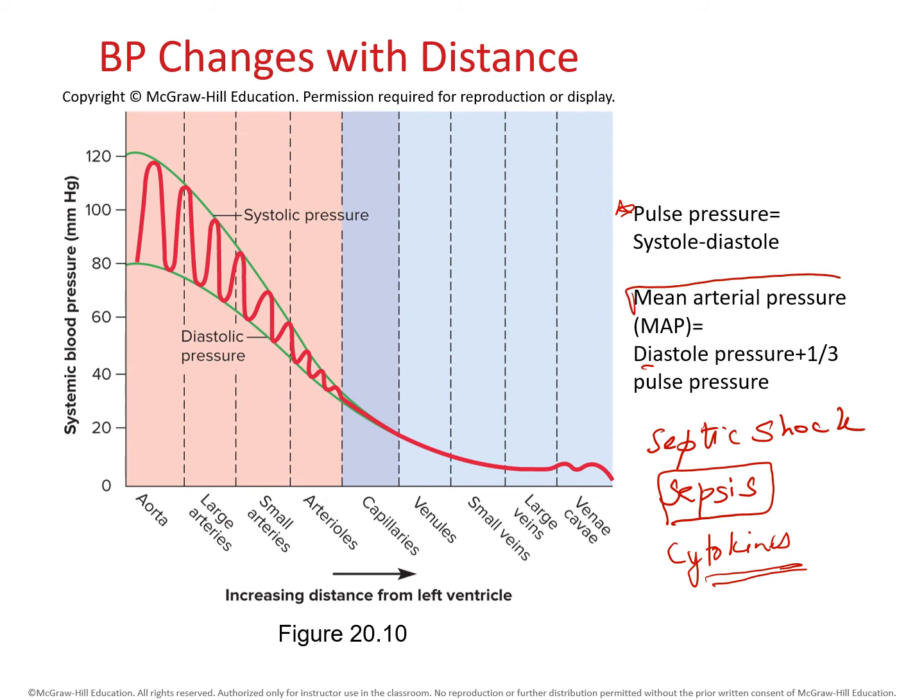If your mean arterial pressure is too high, it means your heart is working really hard, and it can lead to heart muscle enlargement because your heart is working extra hard, right? So if your mean arterial pressure is too low, that can be life-threatening because it means your organs are not getting the nutrients and nourishment they need for survival. And that's why we're looking at mean arterial pressure.